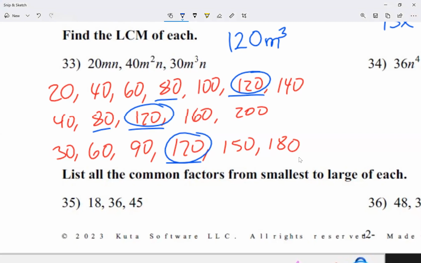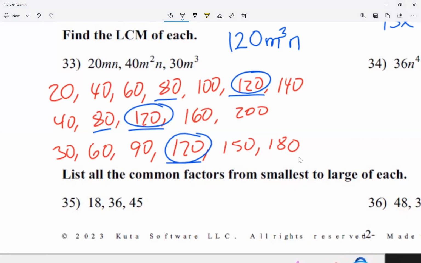All right, now look at n. The biggest exponent with n is just n to the 1. Now, let's say that one of my terms didn't have an n.